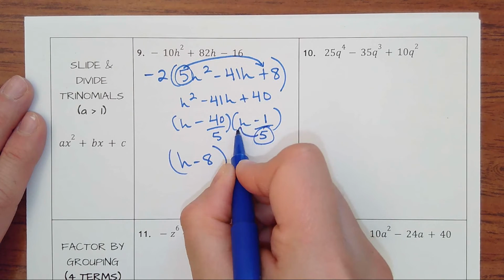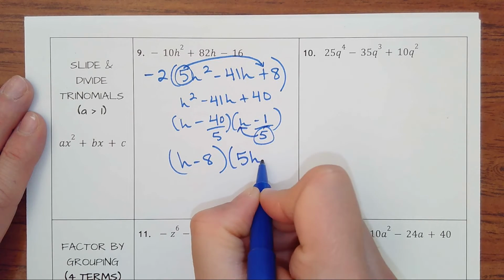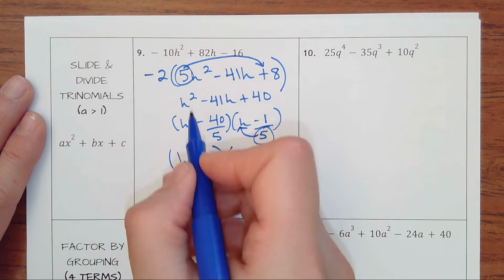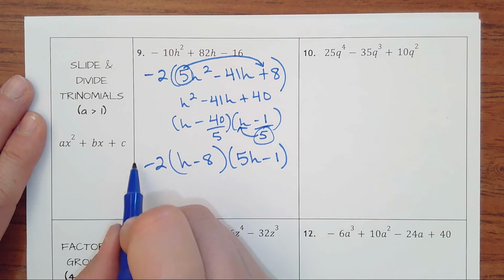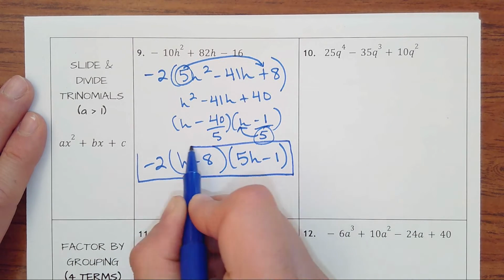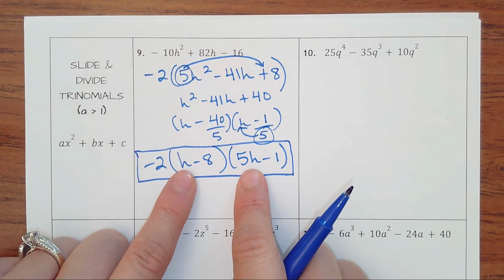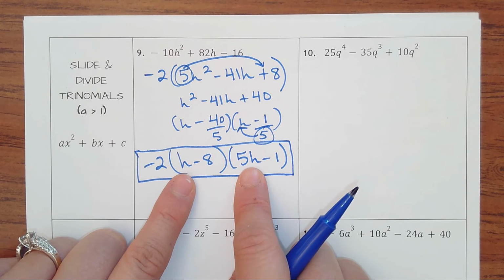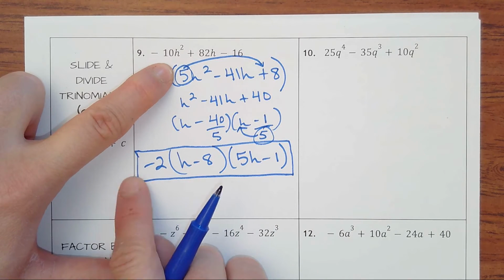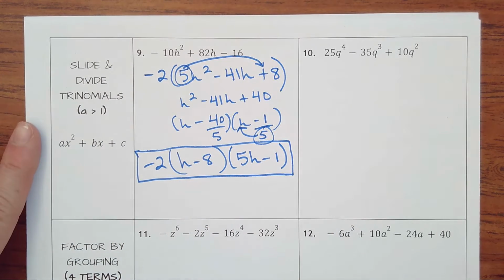This doesn't divide, so I slide the 5 up. That would be 5h minus 1. Don't forget about the negative 2 from the very get-go. Okay, so think about if you FOIL, this would get 5h squared. Taking that times negative 2 gets the negative 10h squared, so you can kind of see where that's leading.